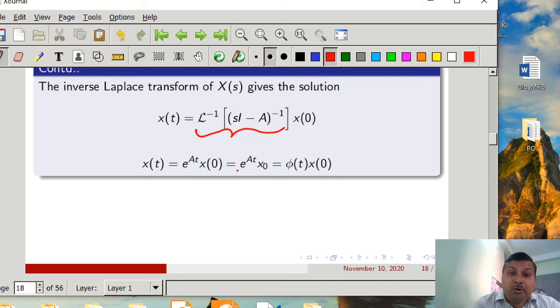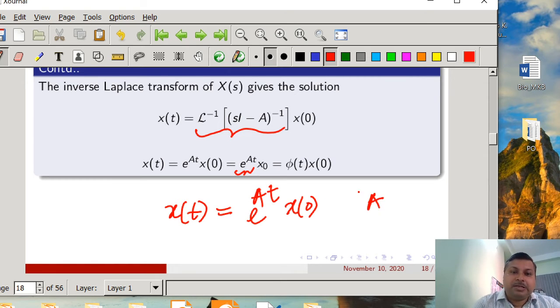But we are more interested to know how to compute e to the power At, because here for the homogeneous case you are finding that to calculate x(t), x(0) will be given, but we have to compute e to the power At from the A matrix, and the hint is that we have to compute the Laplace inverse of (sI minus A) inverse. But this is not the only way to compute e to the power At.